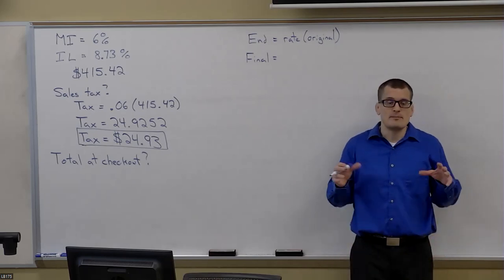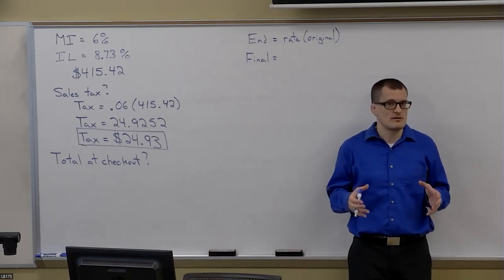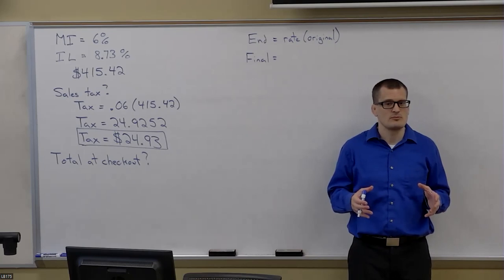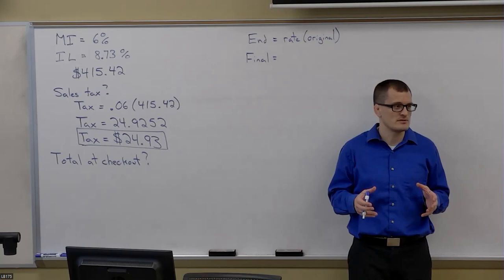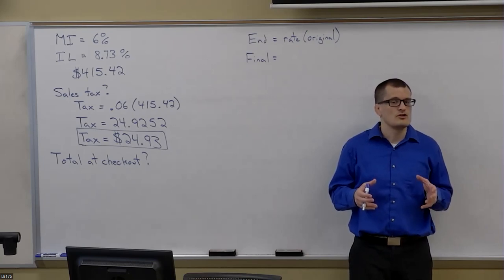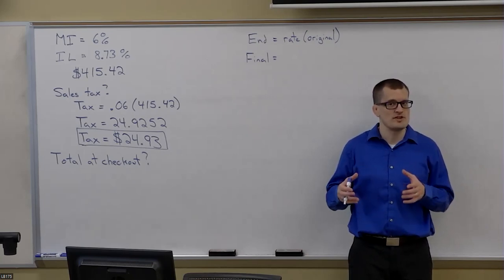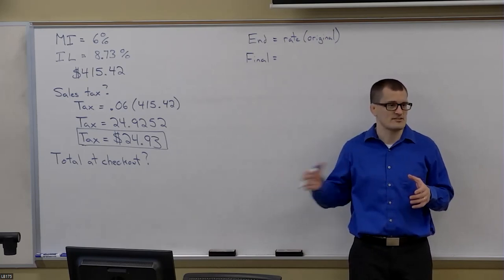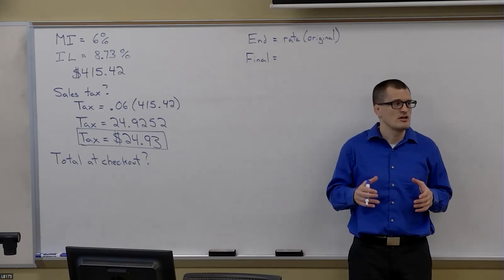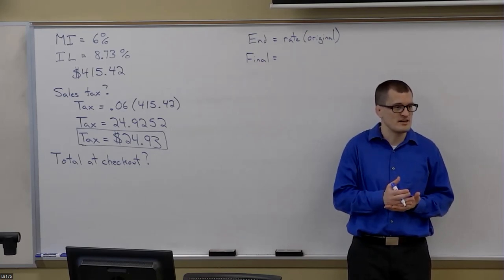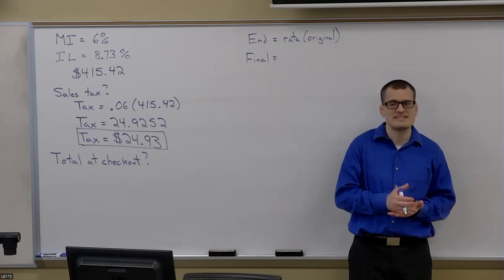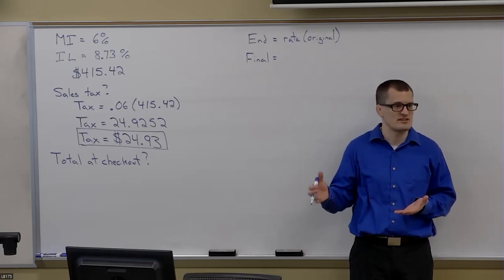Now, if you go and buy something in a store, you buy an item which is $415.42. You pay the total of the $415.42 and then also the tax, right? So as a percentage, you pay 100% of the item plus an additional 6% on tax.